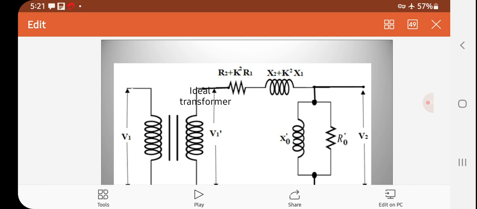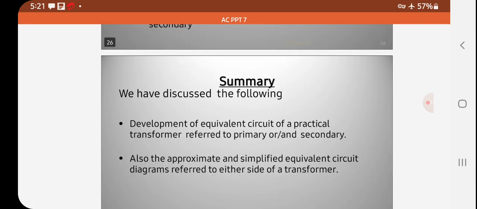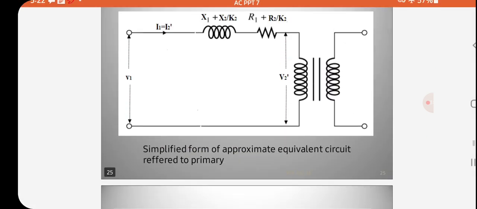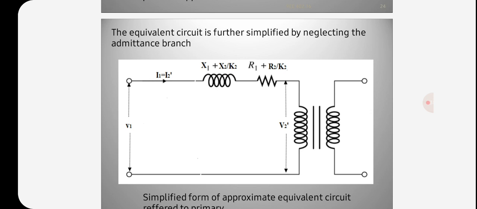Now the approximate voltage drop in a transformer. The approximate equivalent circuit of a transformer, neglecting I0, referred to secondary: when a load having a lagging power factor cos phi 2 is applied, the secondary current I2 will flow in the secondary circuit, which causes a voltage drop.